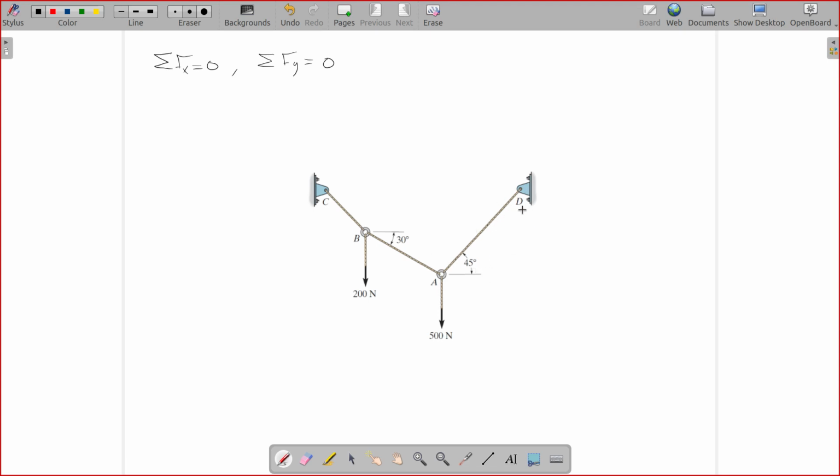If this is 45, this is also going to be 45. If this is 30, this is going to be 30. This is 30, this is going to be 60. So these are the things. This is 60, this will be 60.